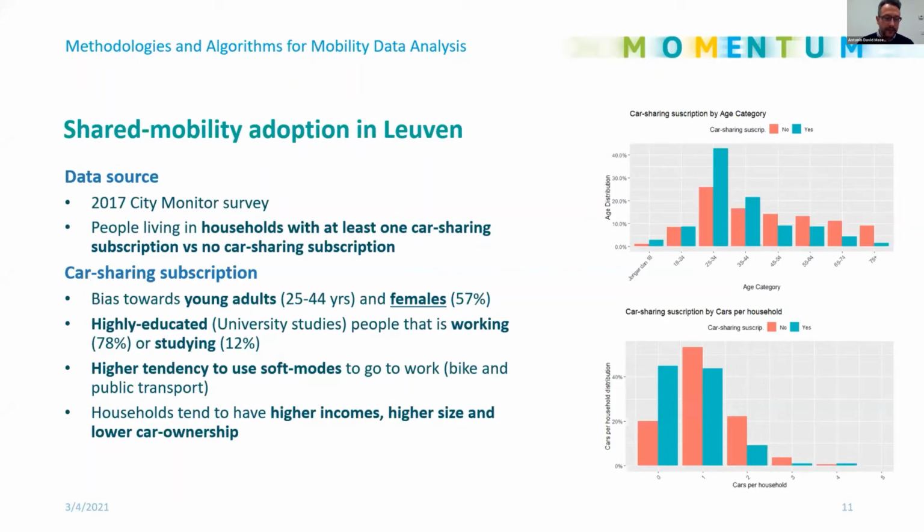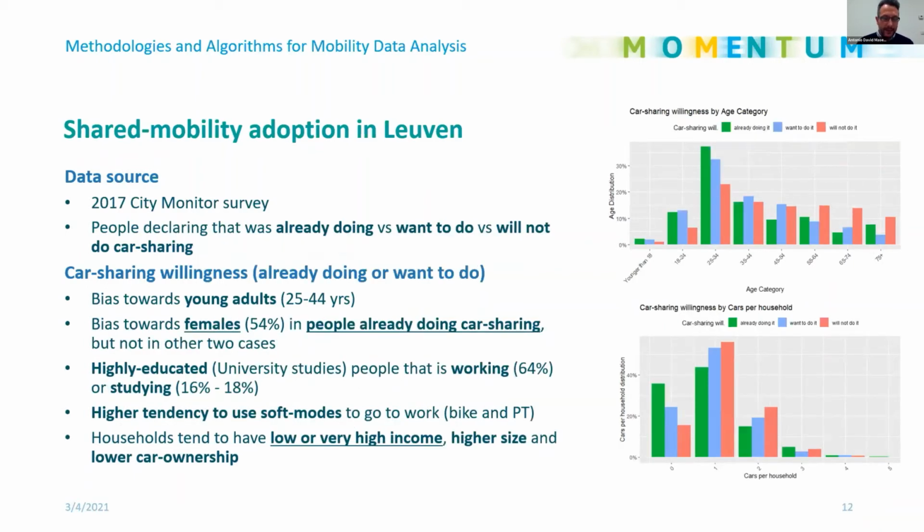And we observed similar results in terms of age, levels of education, labor status, but interestingly, we observed that there was a majority of females in this city. Also, we observed a higher tendency to use soft modes, and the households with car sharing subscription tend to have higher incomes, higher salary, and also a lower car ownership.